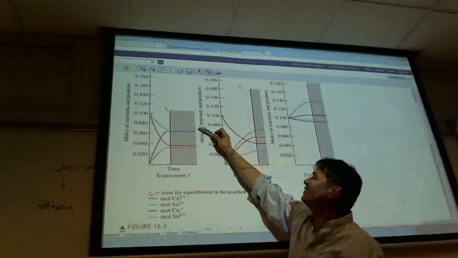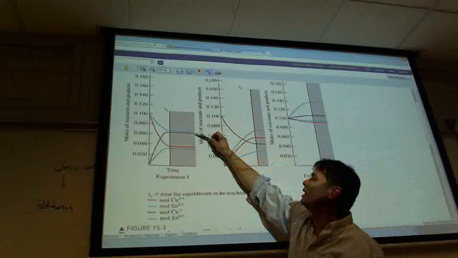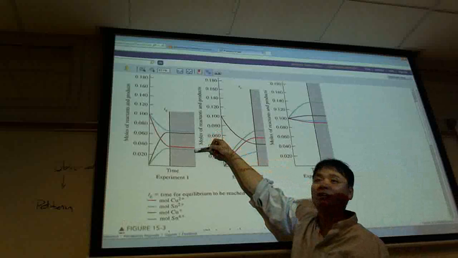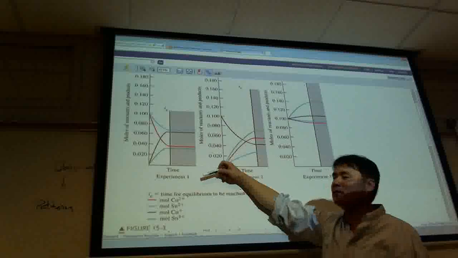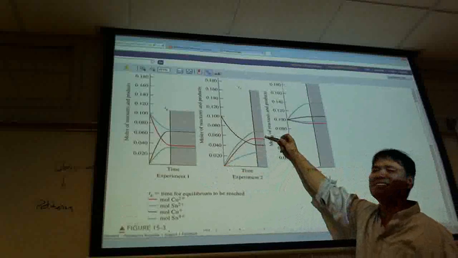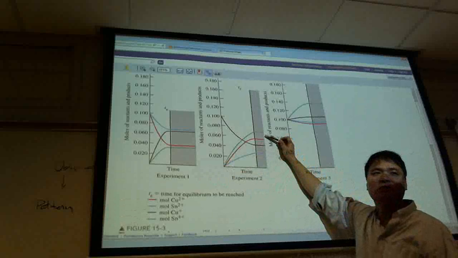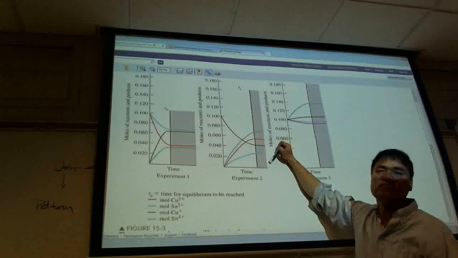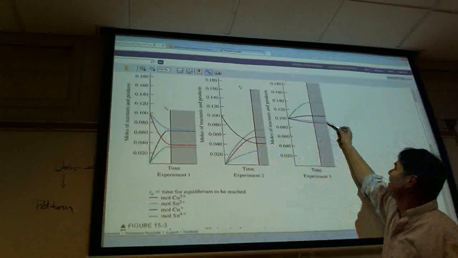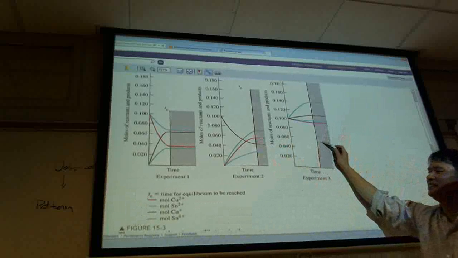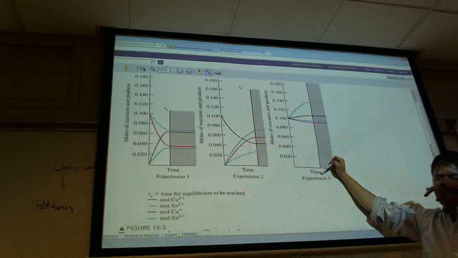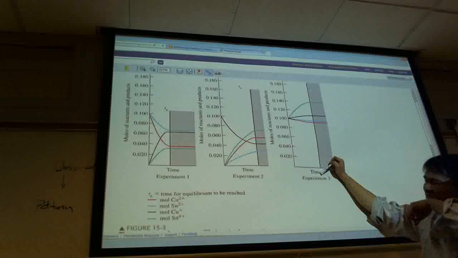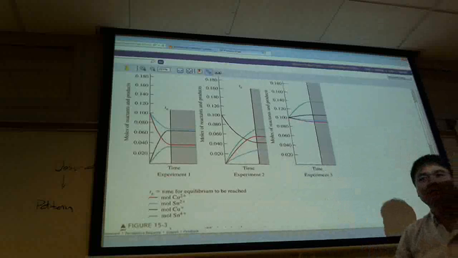And so I see a pattern like blue, black, red, green. Do you see a pattern here? Do we see a pattern? No. And how about here? No. And so graphing like this, we don't really see much of a pattern there.